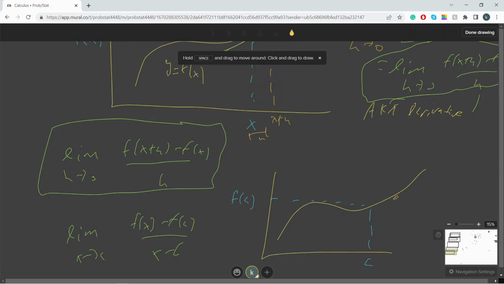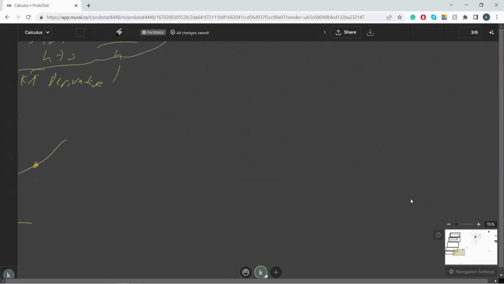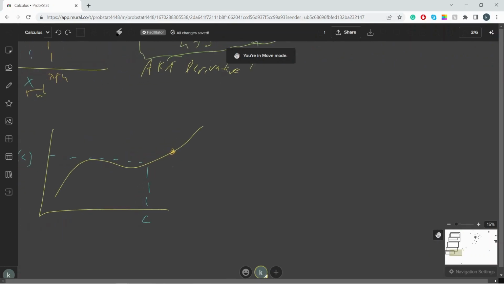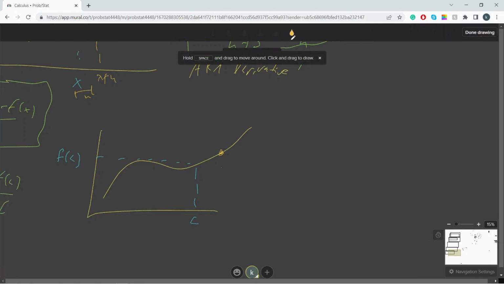Let's say the second point in orange is at x. So we know that this value here is going to be f of x. And now we want to move this second point really, really close to c. So think about what happens. This distance is just going to be x minus c.